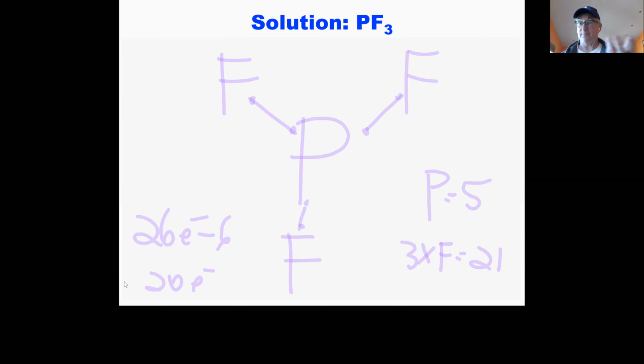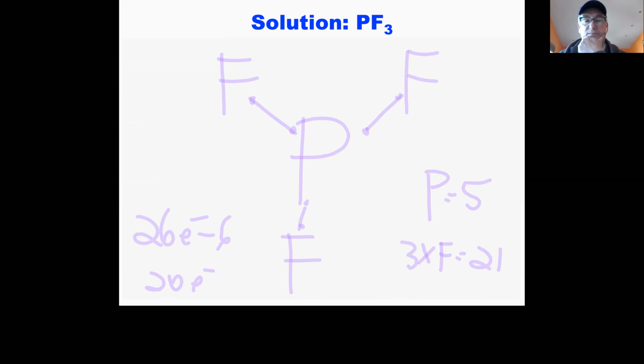Now, when I have a whole bunch of electrons, where do I put them? Do I put the electrons in the middle of the molecule first, or on the outside first?